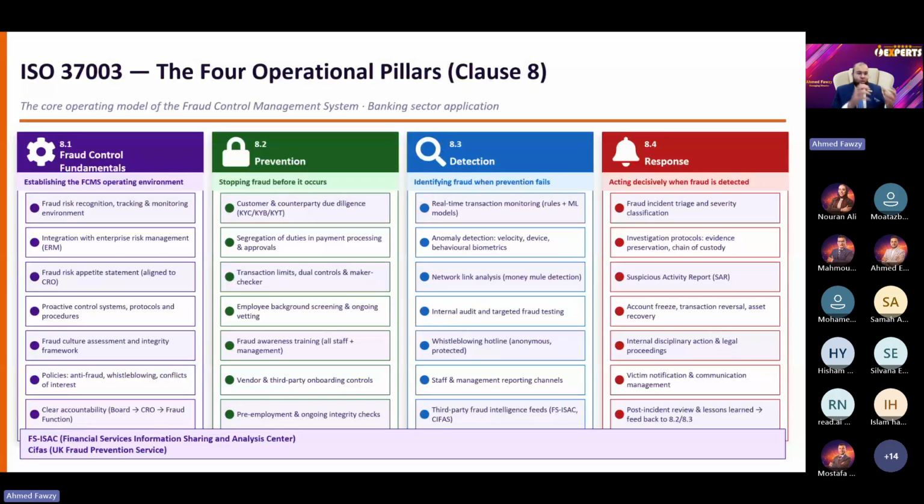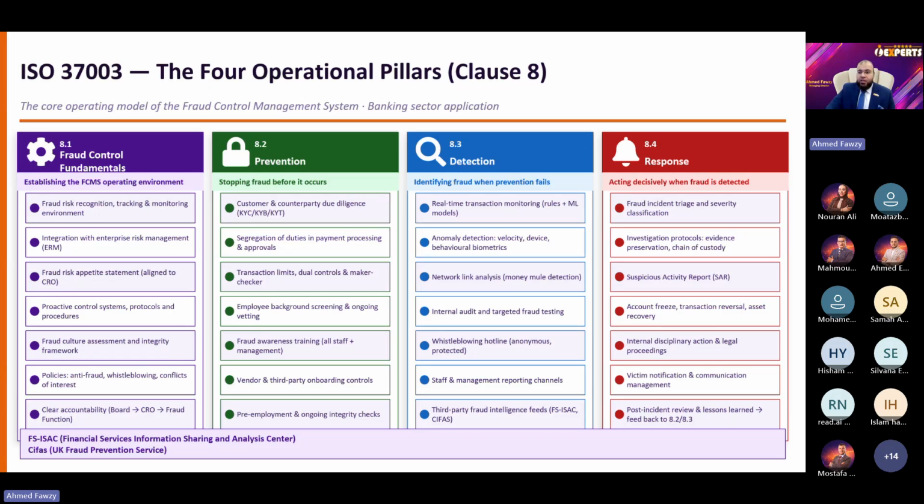But in the 37000 family, we have this member. It's not overlapping because information security risk management looks at the risk surrounding CIA in the ISMS, the information security management system, while when we speak about fraud, we are speaking about fraud risk. We are more related to fraud here.